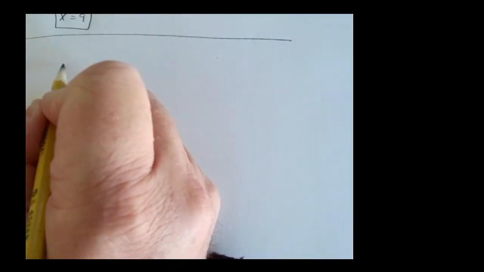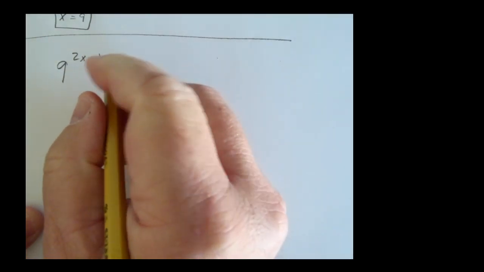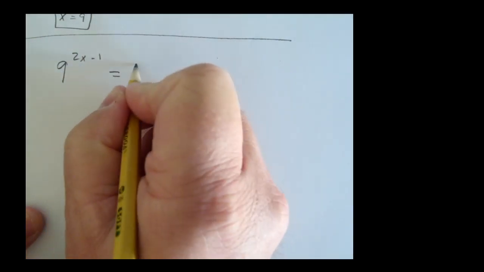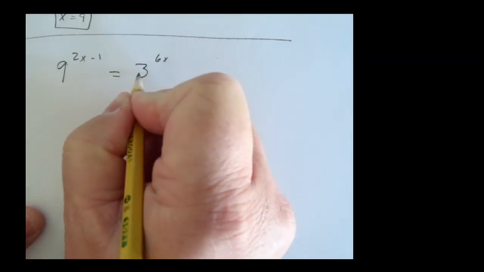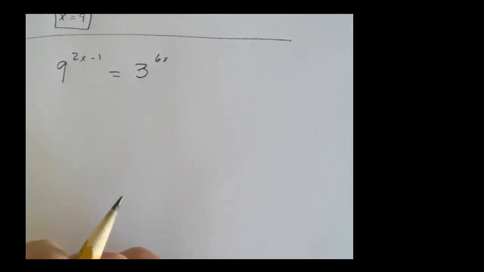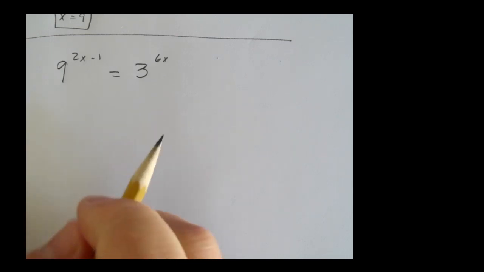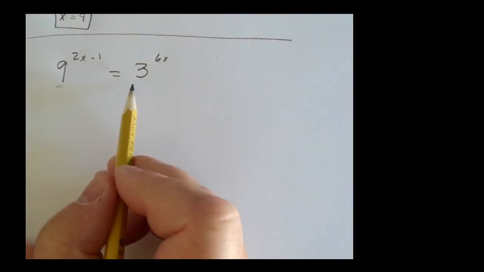Let's do another one. How about 9 to the 2x minus 1 equals 3 to the 6x power. Okay, so the rule we talked about was getting the bases the same.